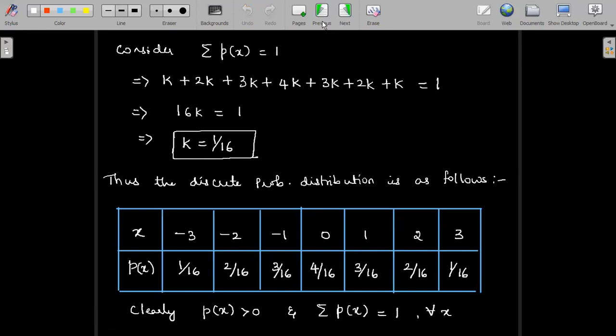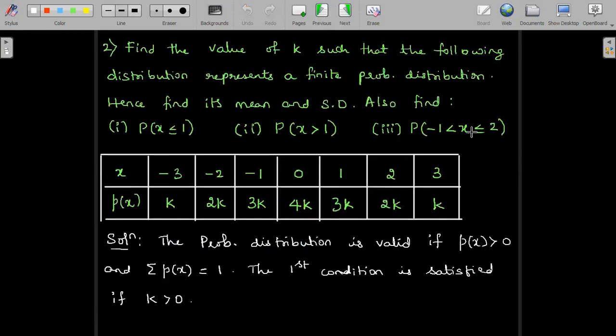So x is actually greater than minus 1. From the table, x greater than minus 1 means 0, 1, 2, 3.